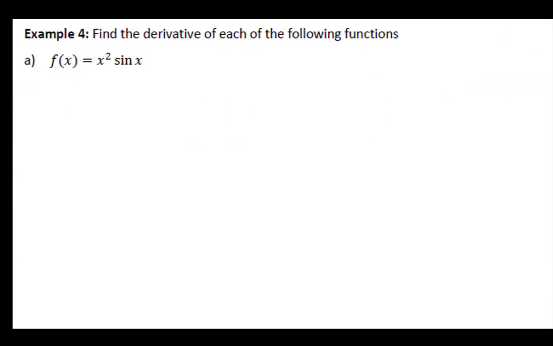If we're finding derivatives, we've got to find the derivative. Take a big guess as to what our first step is going to be. Exactly, the product rule. Why do we use the product rule on this one?